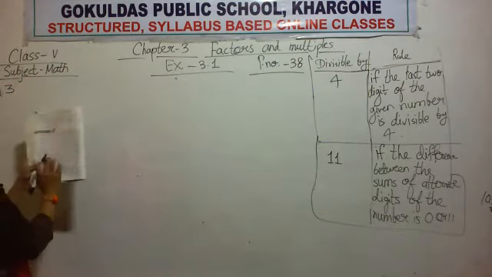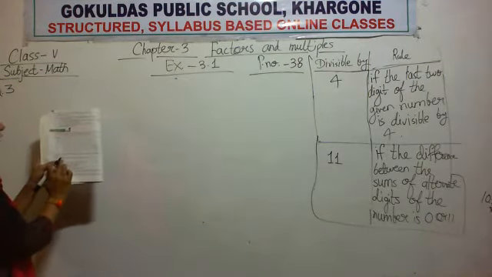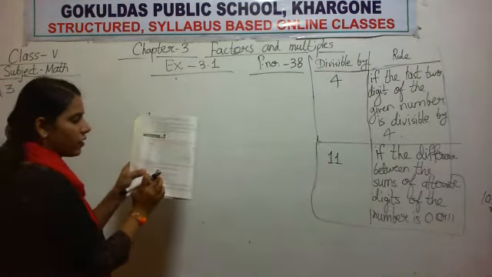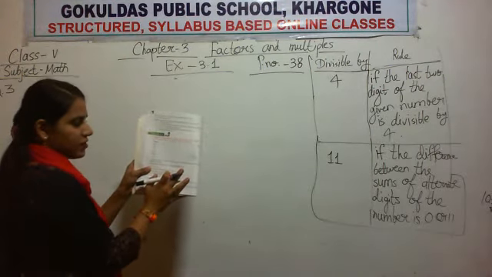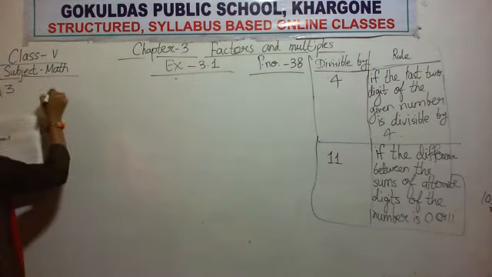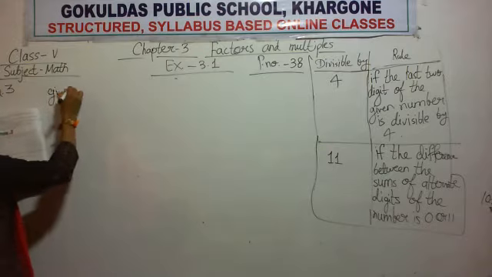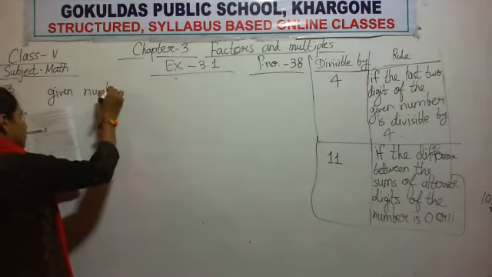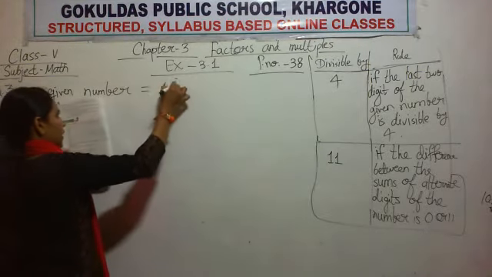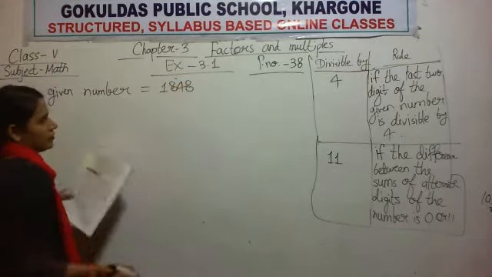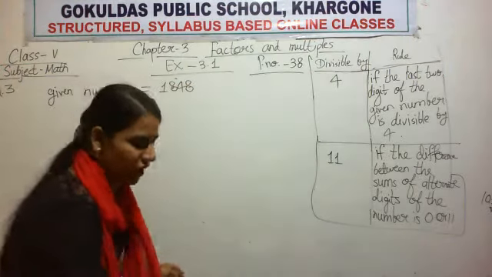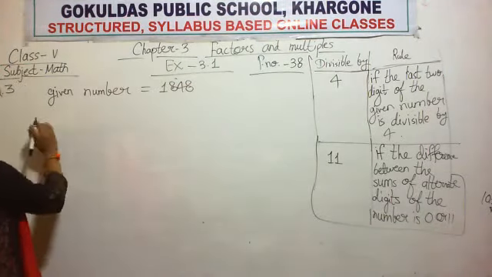Your given question is, check if 1848 is divisible by 4 and 11 using the divisibility test. The given number is 1848, right? You want to check the divisibility by 4.